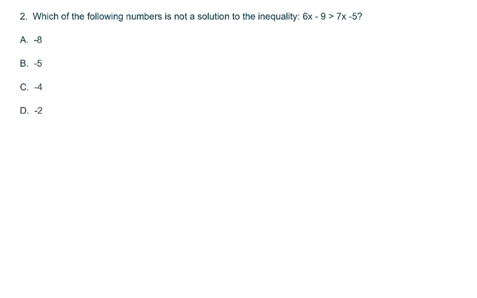Okay, the next one, we want to know which of the following numbers is not a solution to this inequality. This is supposed to be an equal to here. So I'm going to solve for x. I'm going to move the 6 to the right, so 6x minus 9 is greater than or equal to 7x minus 5.